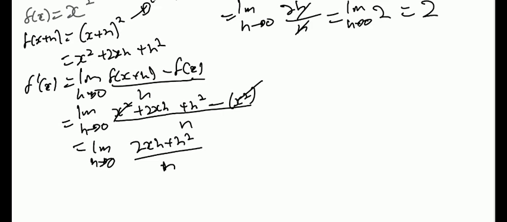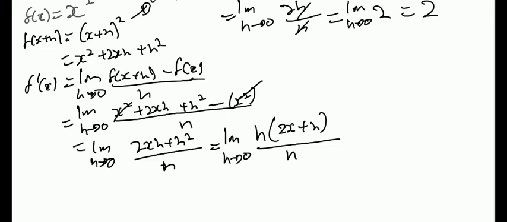So we are going to do what? Limit as h approaches 0 of h into what is left? We are left with 2x plus h all over what? h. Then h cancels h. We have what? The limit as h approaches 0 of what? 2x plus h. Can we simplify or factorize further?